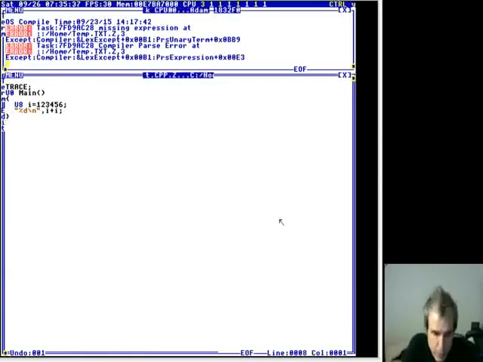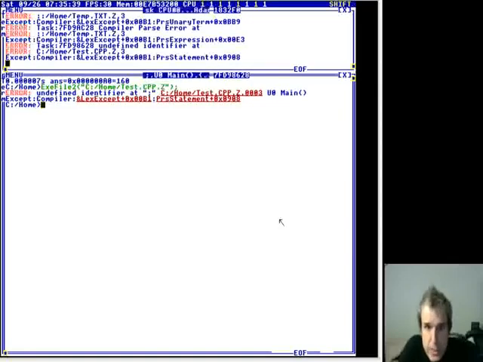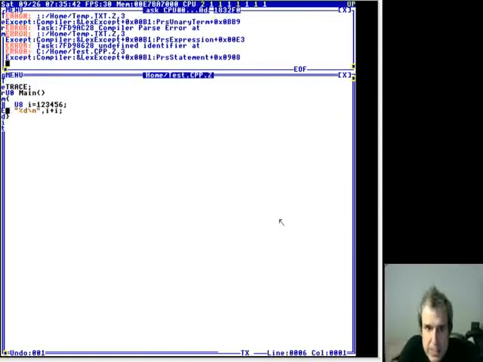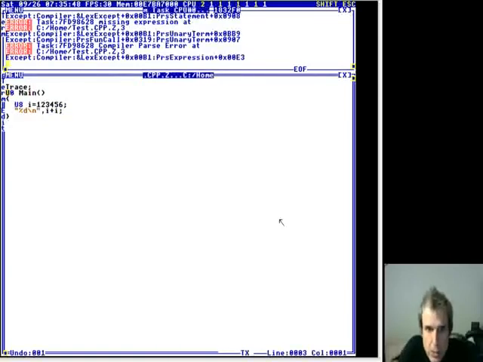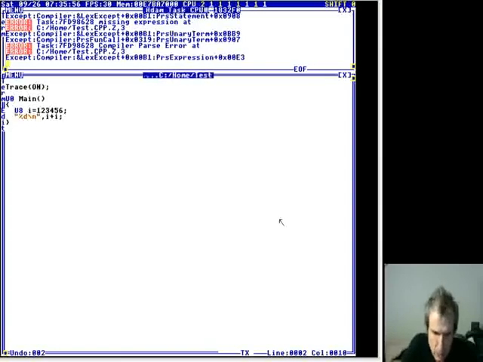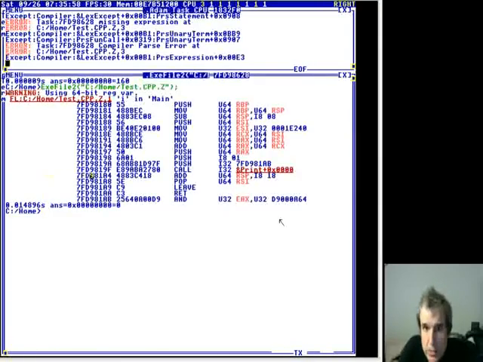I put my code function by function, and then after the function, I put any data.